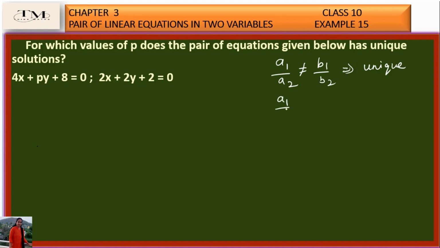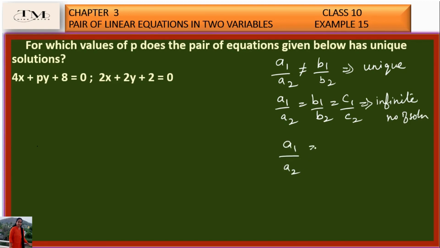If A1 by A2 equals B1 by B2 equals C1 by C2, it has infinite number of solutions. Another condition, A1 by A2 equals B1 by B2, but is not equal to C1 by C2, then there is no solution.